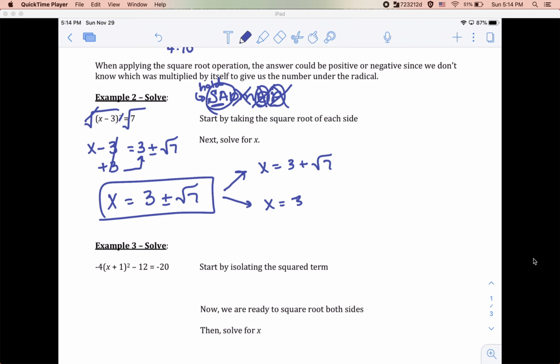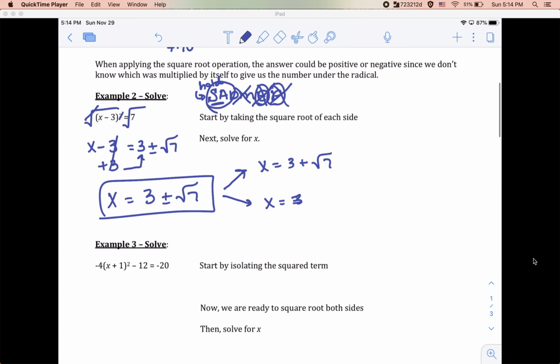And then the other one is x is 3 minus the square root of 7. So 3 minus 2.6-ish, so 0.4-ish. Anyway, no one wants to figure out those ishes, right? Those decimals. So we just leave it.